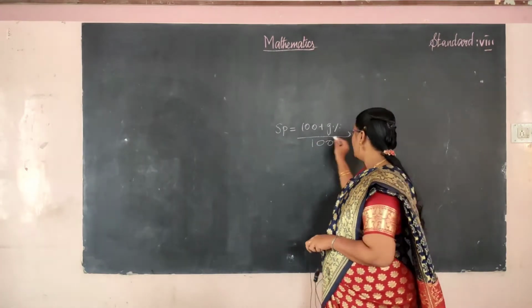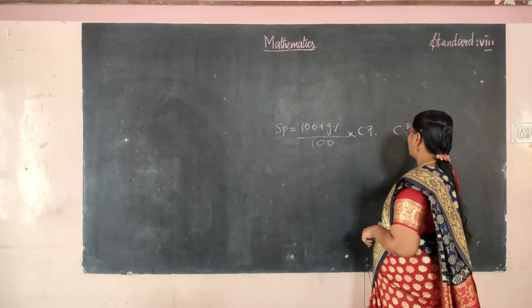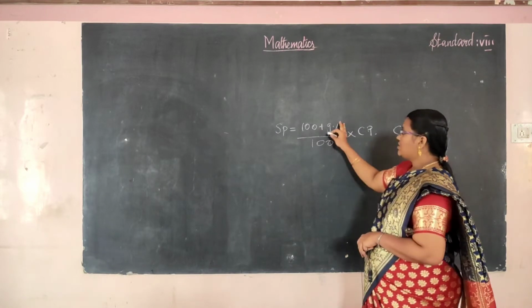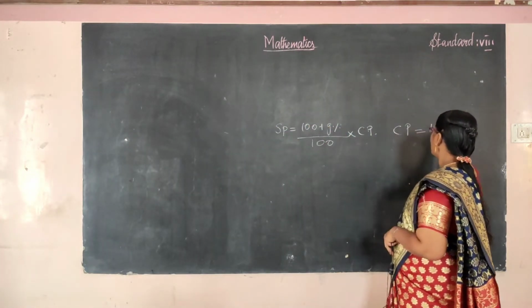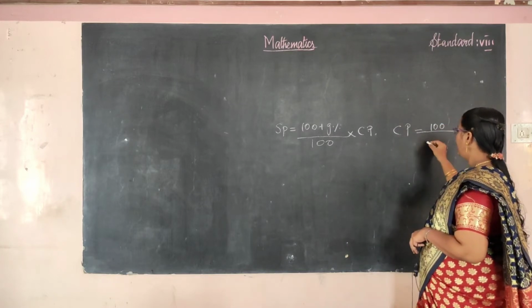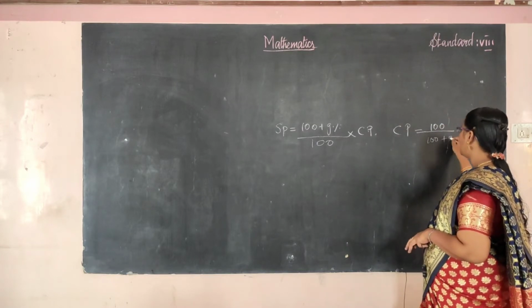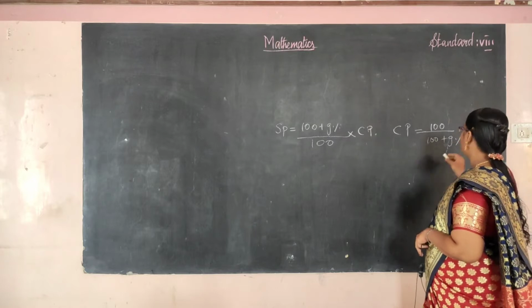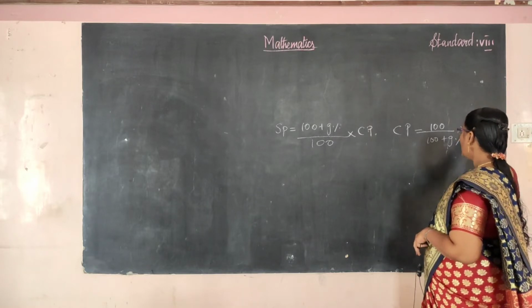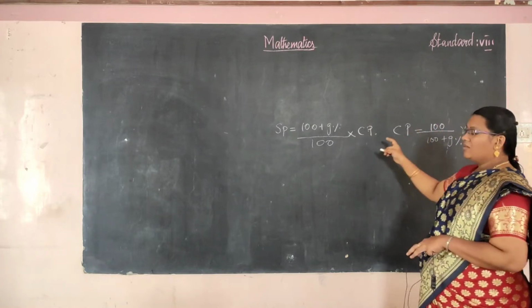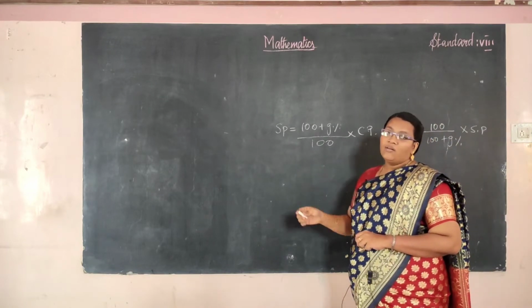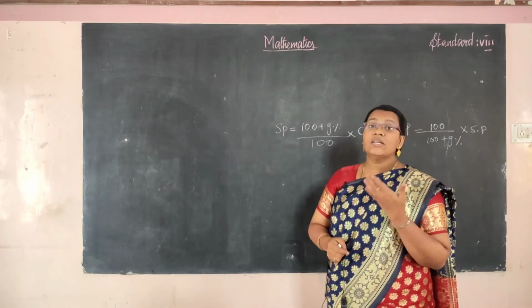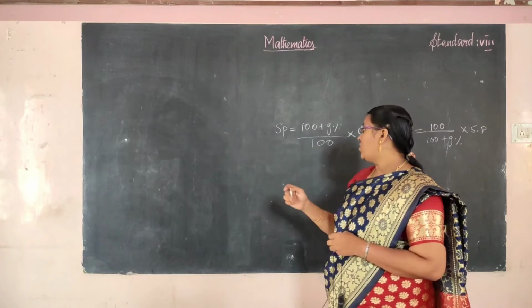In case CP is asked, this term moves to that side, so CP is equal to 100 divided by (100 plus gain percentage) into SP. We use this formula when the gain percentage is given.